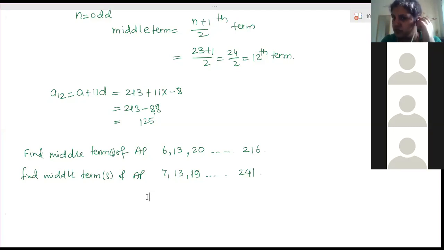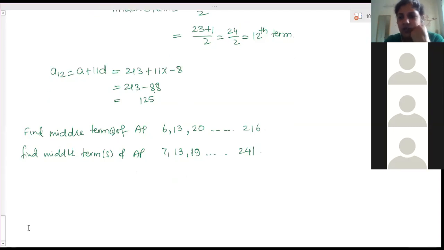So we need to find the n as well as a_n? No, ma'am, like the number of the term. Number of terms, yeah, both the number as well as the number of the term you have to find out. Ma'am, the answer is 121 and 127. Yes, right.